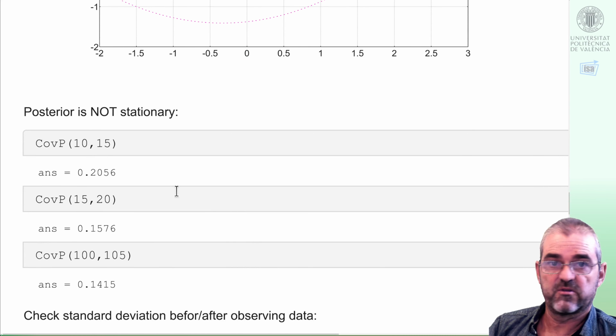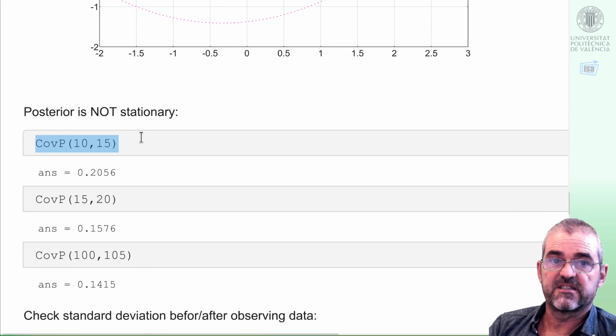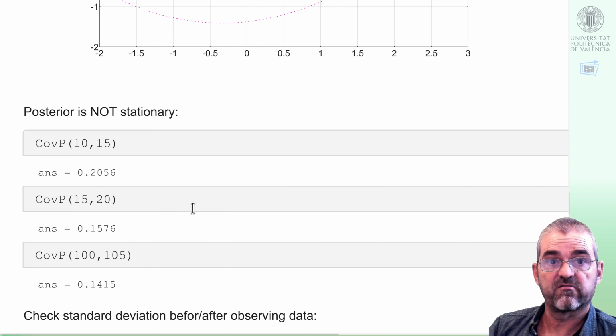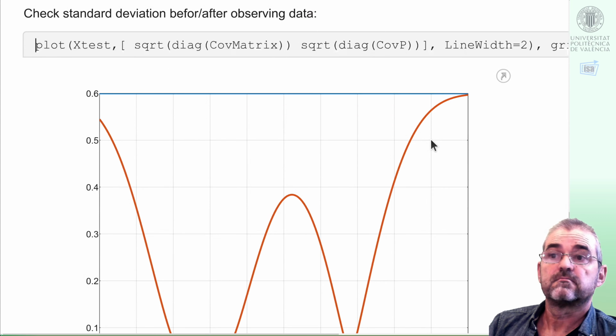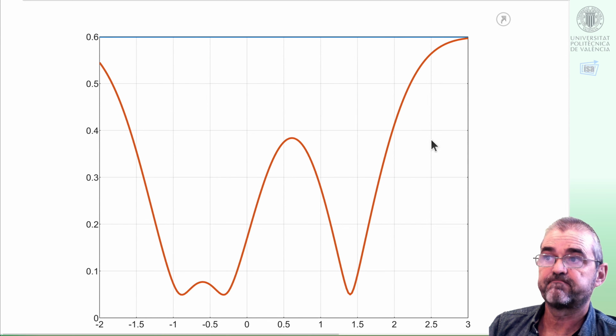And you can see that in the covariance, these points separated 5 samples, let's say 10 and 15, is the number of samples, not the separation in distance, but they are evenly spaced. So these points separated by 5 test points have 0.2 covariance, but these have 0.16, and so this is not stationary.